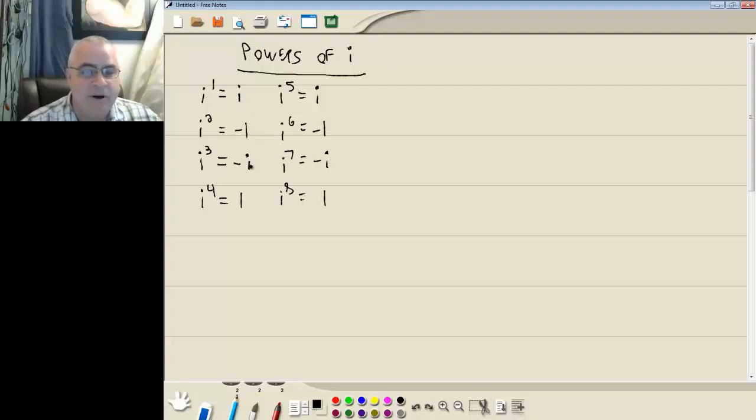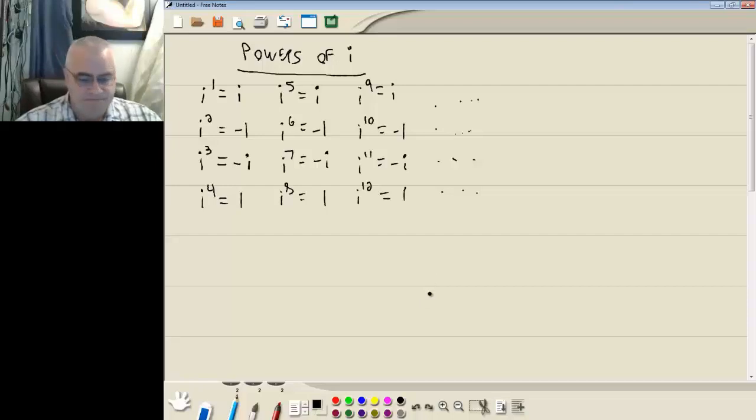Notice i, negative 1, negative i, 1. i, negative 1, negative i, 1. And it'll continue. i to the 9th will be i. i to the 10th is negative 1. i to the 11th is negative i. i to the 12th is 1. And so on. So it just continues forever in groups of 4.